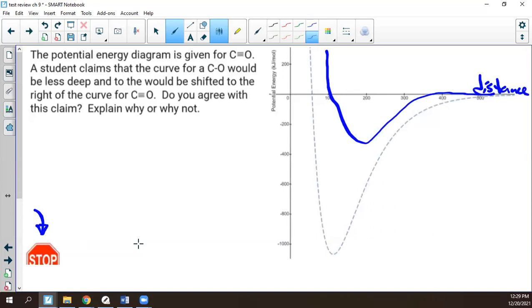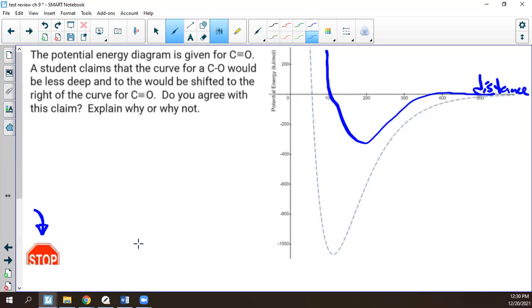Okay, are we ready? Do we agree? First off, yes or no? Yes, we do. Triple bonds are stronger than single bonds, right? How come? They're sharing more electrons. So there's more attraction of the positive nuclei to the shared pairs of electrons.